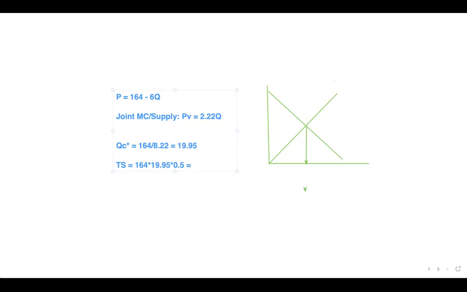Right, yeah. Everybody agree? Yes. Okay, so what did we get? 1,635.90. Okay, and that should be right, because 19.995 is almost 20. Half of 20 is 10. So we know we're getting something close to 1640.